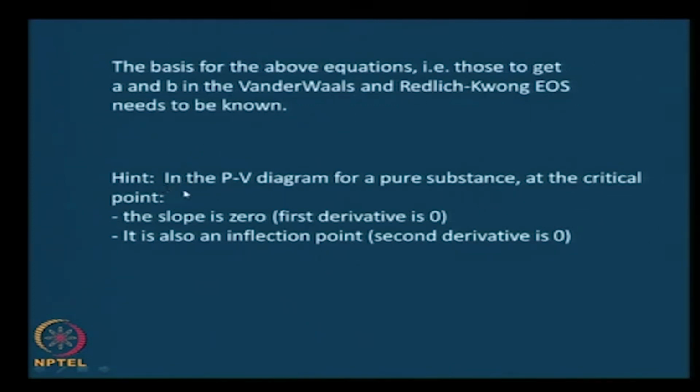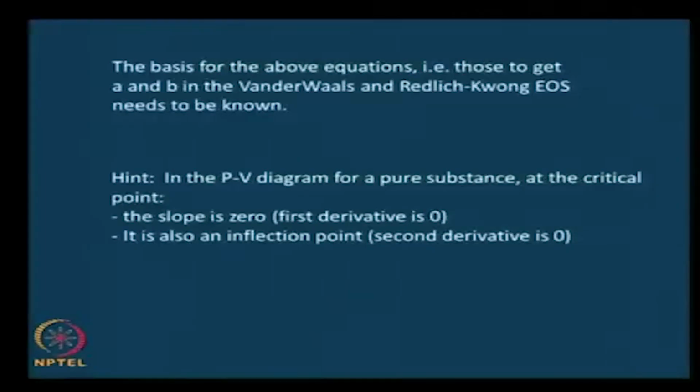If you recall the PV diagram for a pure substance, pressure versus specific volume, at the critical point the slope is actually 0. What is slope? It is the derivative of P with respect to V, dP/dV, and that is 0. Also, it is an inflection point.